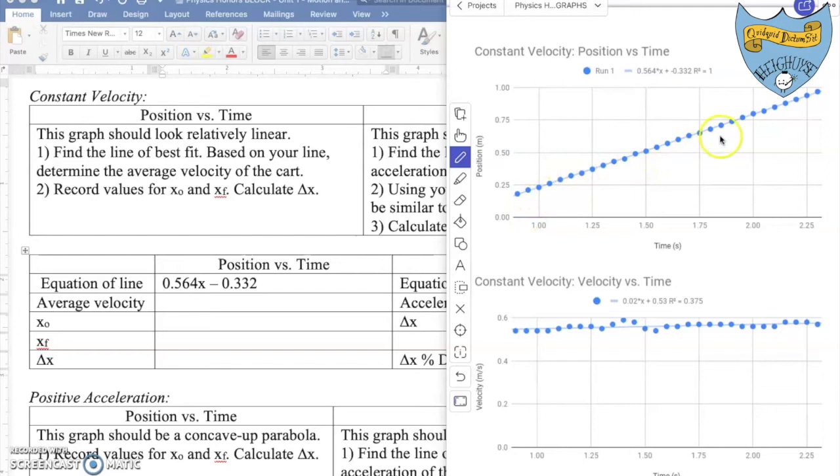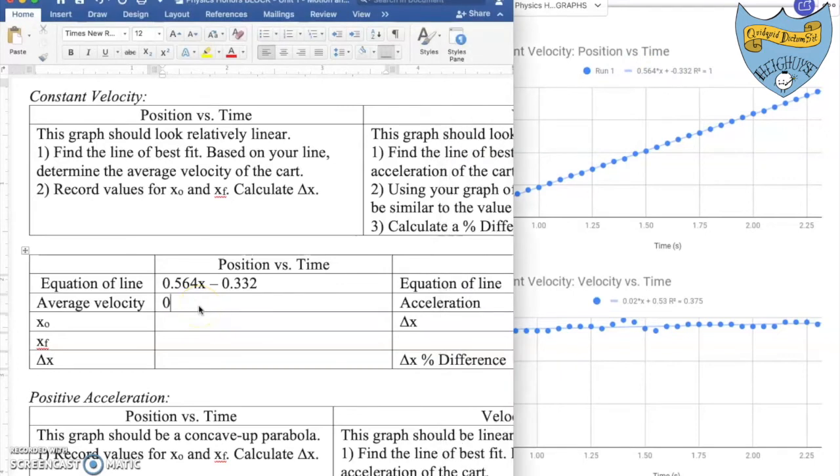It looks like it's got a relatively constant slope, right, because it's a straight line. If I was wondering how I would find the slope of that, don't do anything extra. It's already right there. You already have the equation of the line provided to you by Google Sheets or Microsoft Excel or whatever you're using. Okay, fine. There's the average velocity.